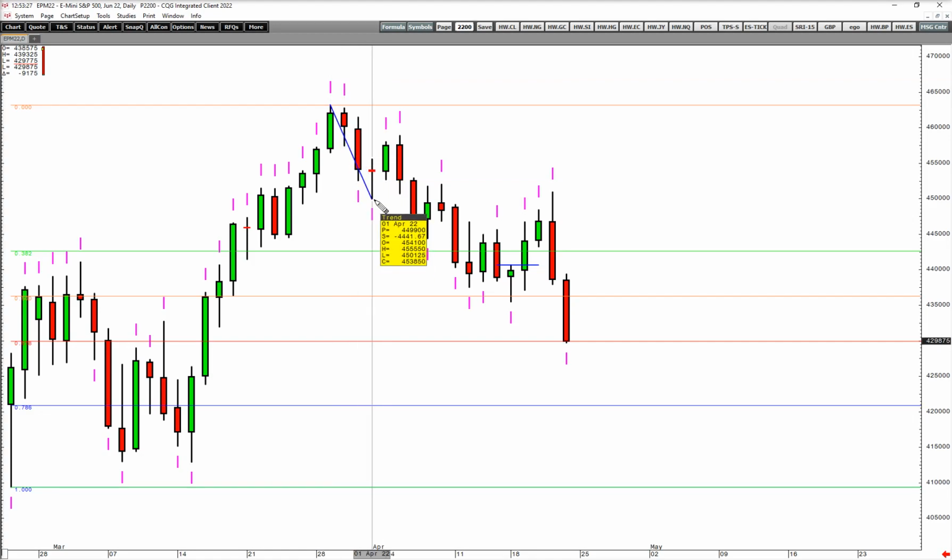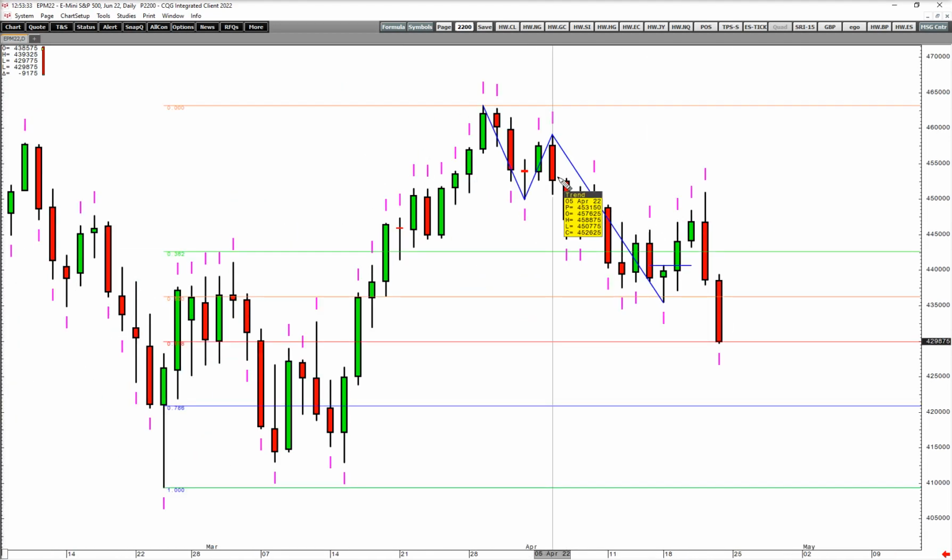We had our structure drawn in like this, and the reason for drawing it in like that was these hoagies here. There was a hoagie right here, and if anyone jumped the gun and got long based on getting above this inside bar, that person got flushed pretty hard.